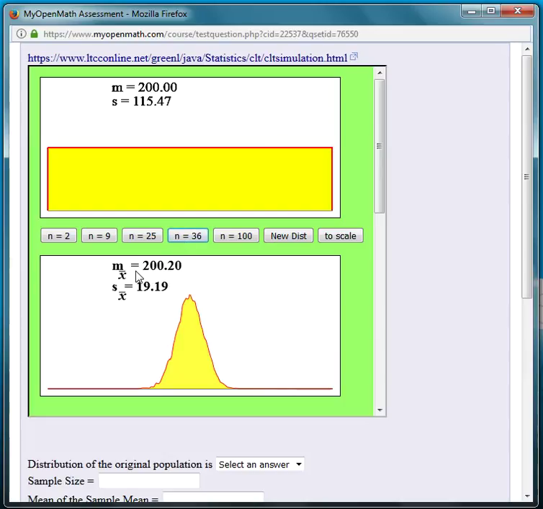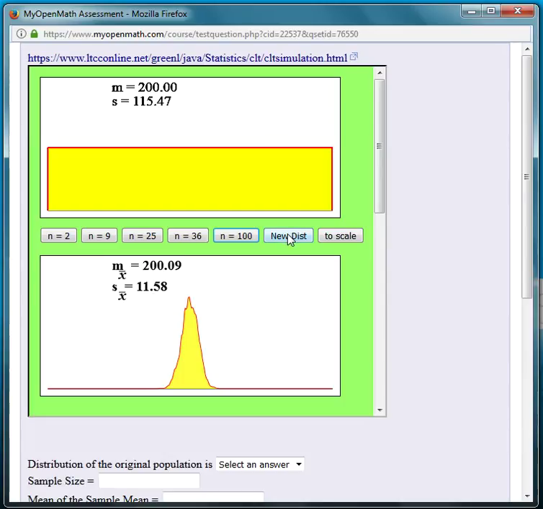Notice the mean of my sample remains very close to the mean of the original population, but as I increase the sample size, the standard deviation of my sample mean reduces. You notice that from 2 to 100. Notice the shape of my sample mean distribution, and notice the standard deviation.